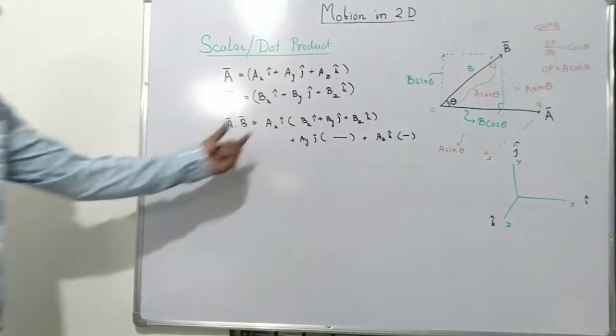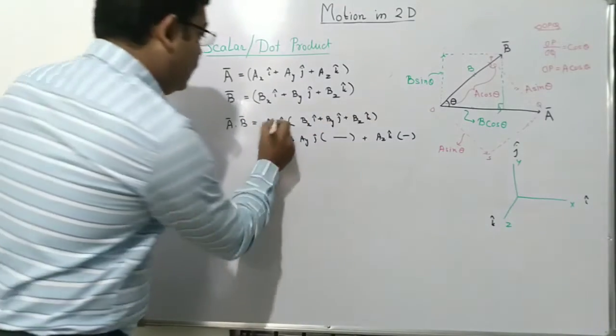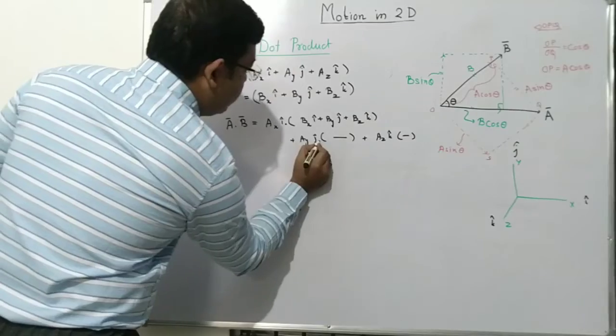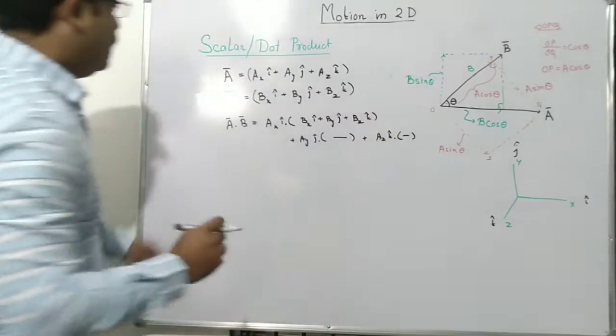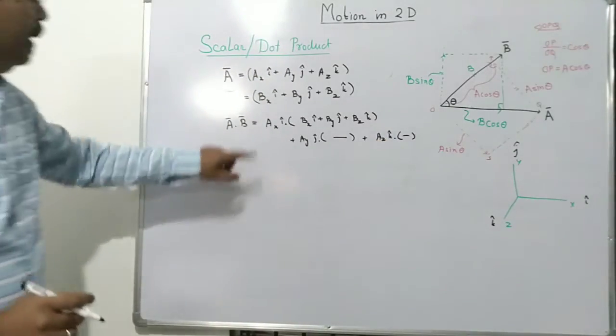So if I take this product first, there will be a dot here, a dot here, and a dot here, since we are taking the dot product A dot B.